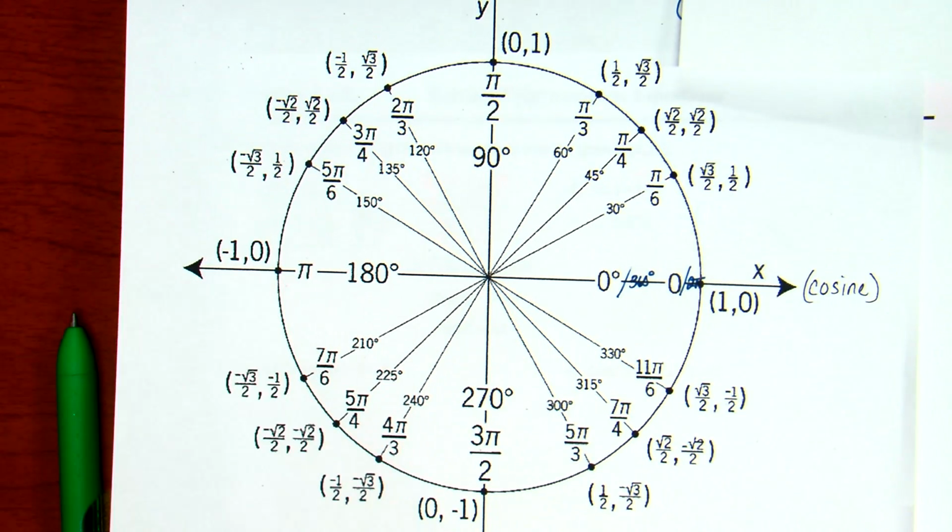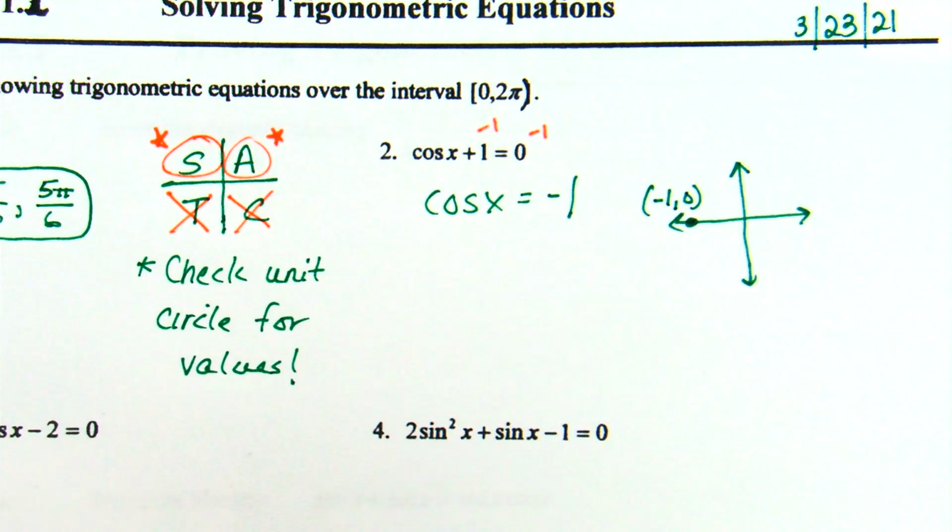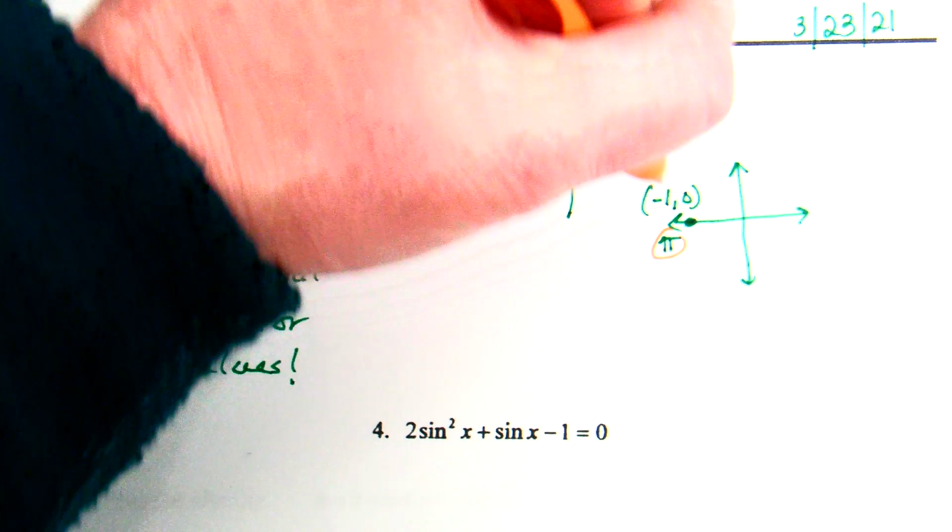And my work, so to speak, and again, not that there's really work here, is thinking about the fact that if we go this way, the ordered pair is negative 1, comma 0. And this is what angle? Pi. What you guys think of as 180. So at pi, cosine is negative 1.